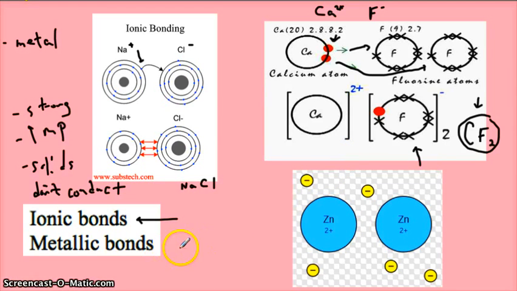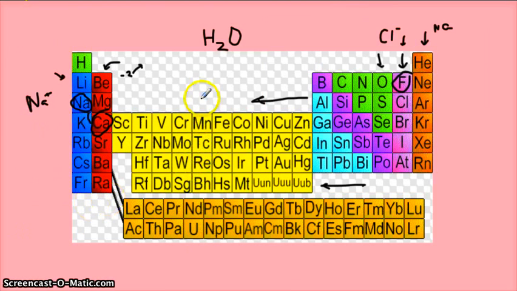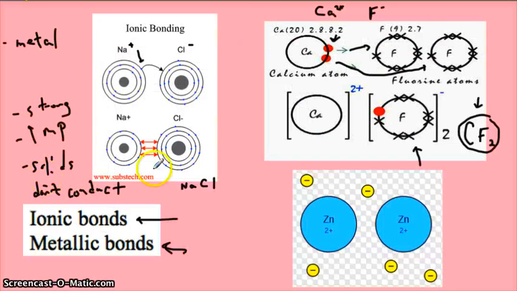Now let's talk a little bit about metallic bonds. You don't normally think much about metallic bonds, but they have to do with all these transition metals right here. We're going to talk about zinc. These metals have different outer shells. You don't find much bonding that goes on with these transition metals, but here's an example where you do have a metallic bond. Notice it is zinc and zinc.